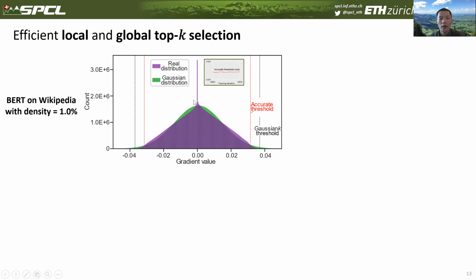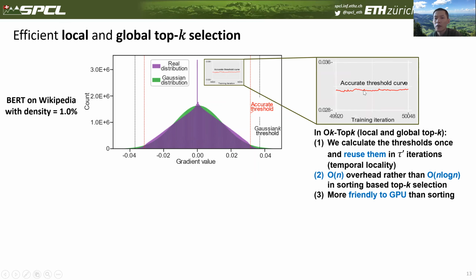And the green histogram shows the Gaussian distribution, which has the same variance and mean as the real distribution. In the figure, the red line indicates the accurate threshold for the top K values. And the black line is the threshold predicted by the Gaussian distribution. We can see there is a big difference between these two thresholds. This means that the threshold predicted by the Gaussian distribution is not accurate enough.